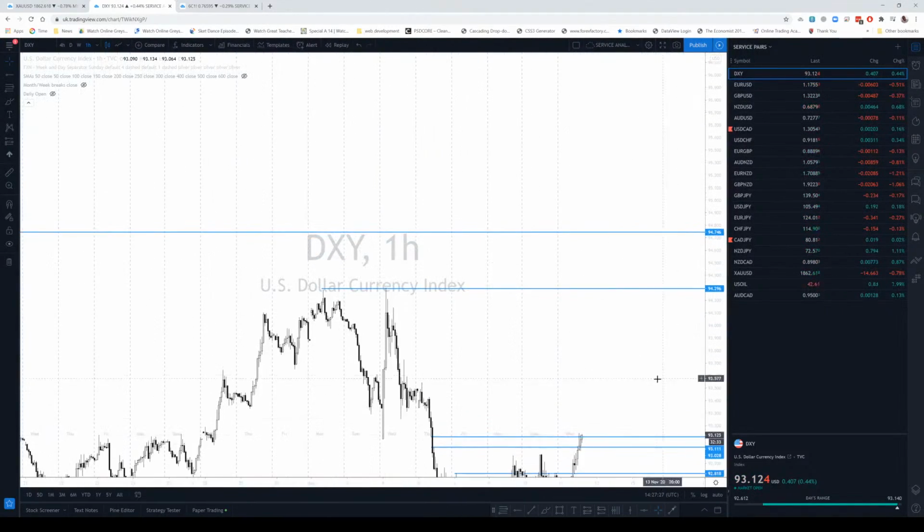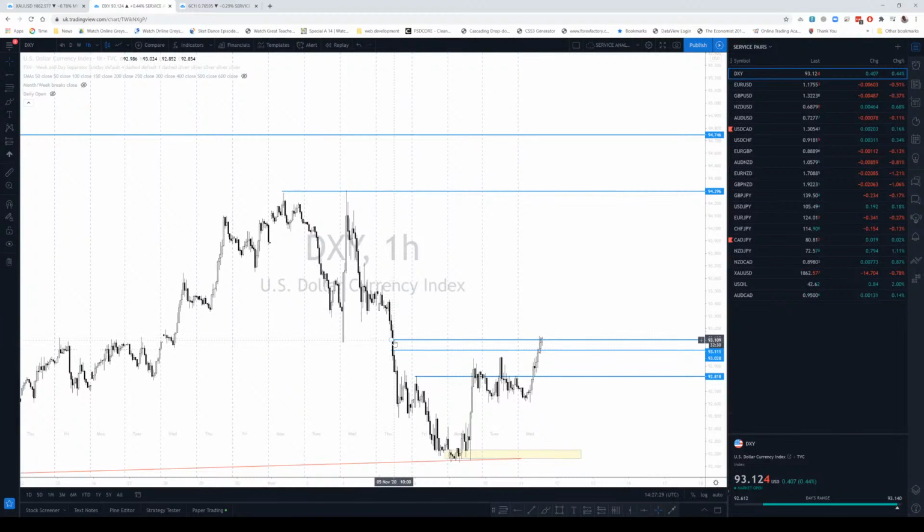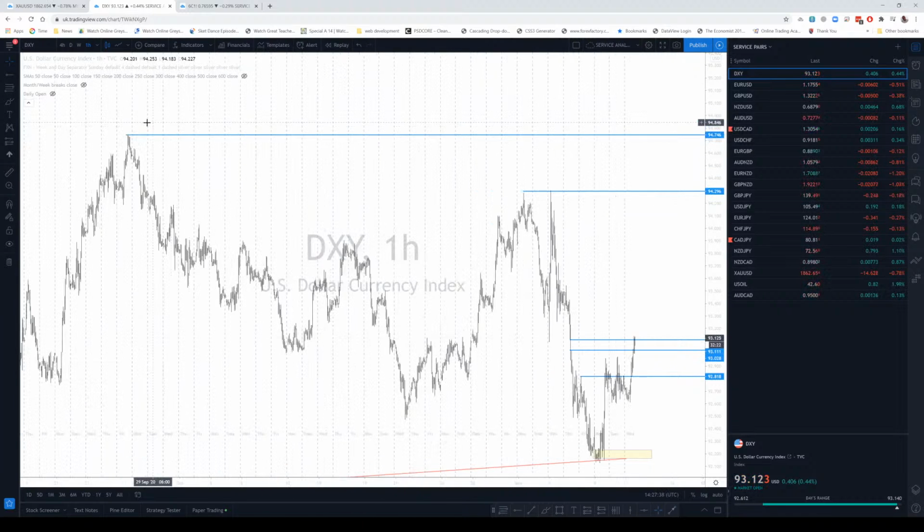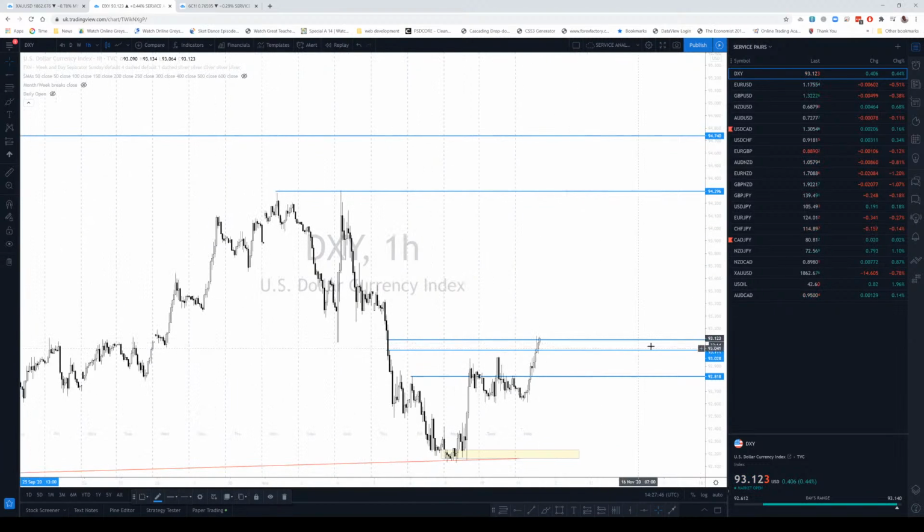So if we break above this little gap here, if we close above it, we will be coming up here, and then it's highly probable that we'll be making a challenge up there. So that's what I'm watching for the DXY.